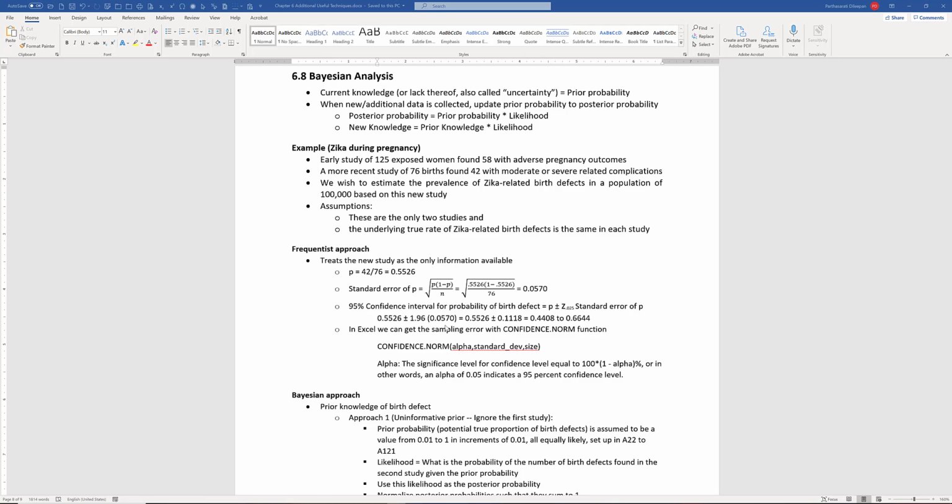And this is the formula from the first principles, and Excel has a function for computing that part, the sampling error part, where the function is this, where alpha refers to, so if you have a 95% confidence interval, alpha is 0.05.